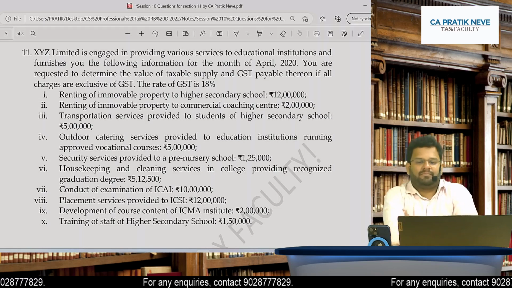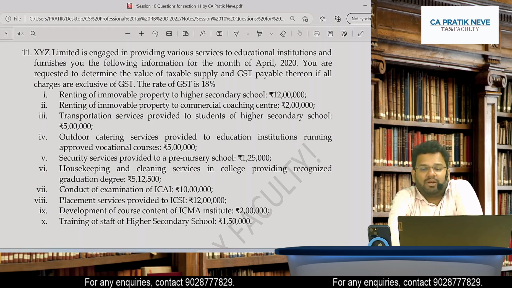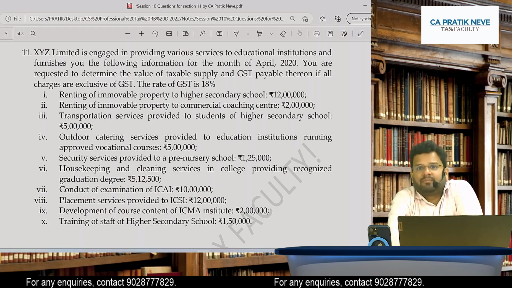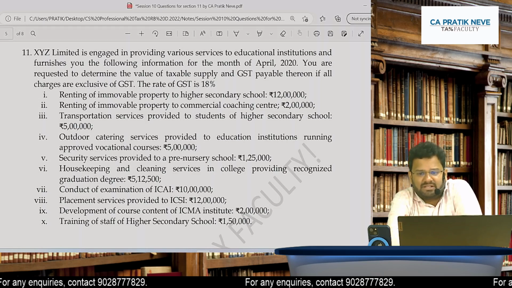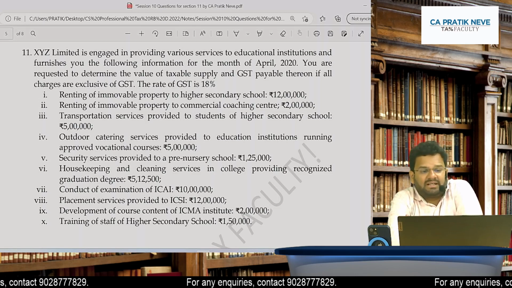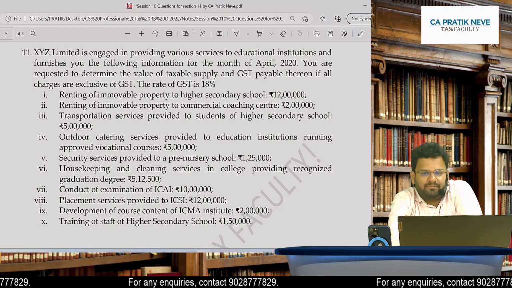Yes. And furnishes you following information for the month of April 2020. You are requested to determine the value of taxable supply and GST payable thereon if all charges are exclusive of GST. The rate of GST is 18%.